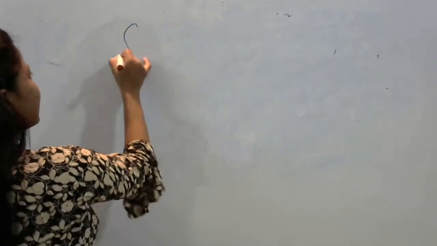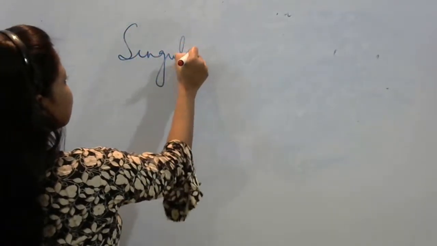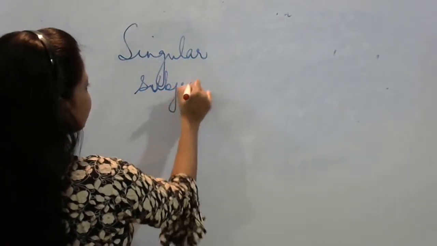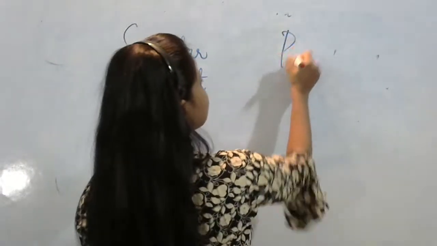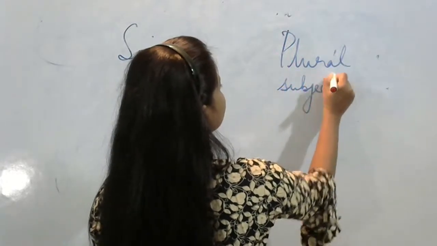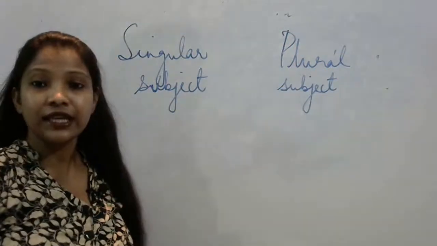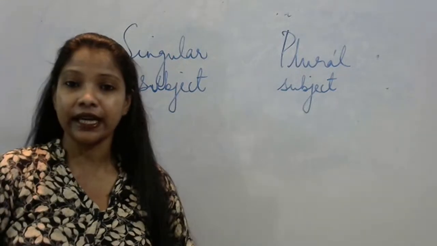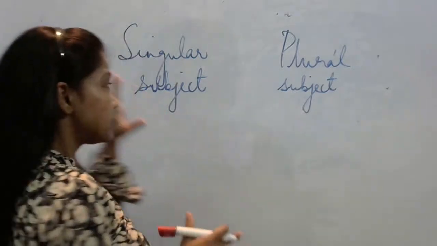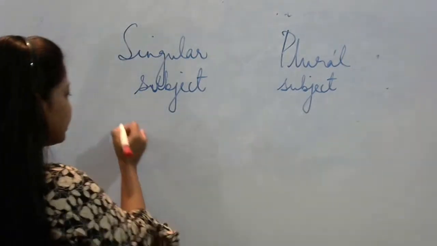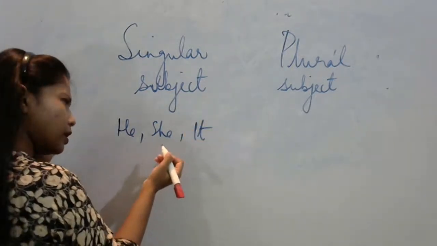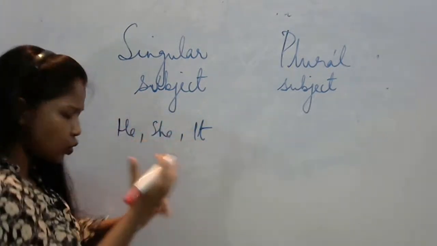Something that you need to remember is singular subject and plural subject. Now, singular subject, plural subject. See, look at the logic, how to remember it. Subject singular है, जैसे कि he है, she, it है, या फिर let's say singular कोई नाम हो गया.